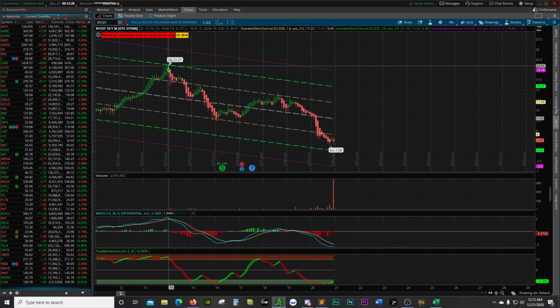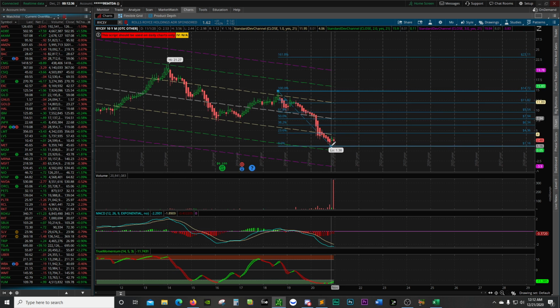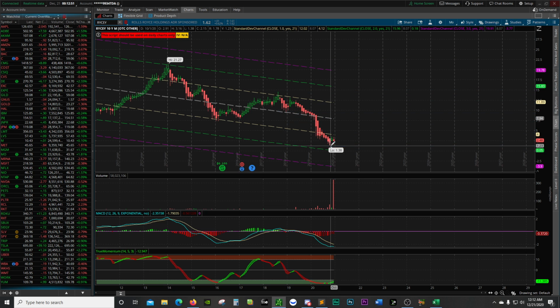Okay, so this first wave and then its retracement, that was a 50% retracement. So then we can look here. I would go in light if you're going to play this. There is potential for it to bounce.